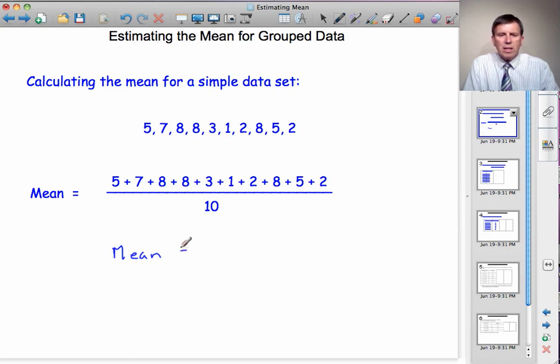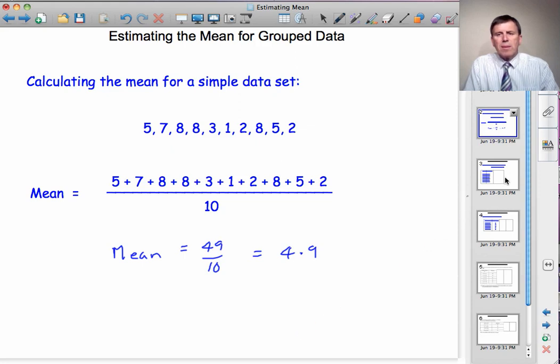So the mean is equal to 49 divided by 10. And that's 4.9. So there we've calculated the mean for that data set.